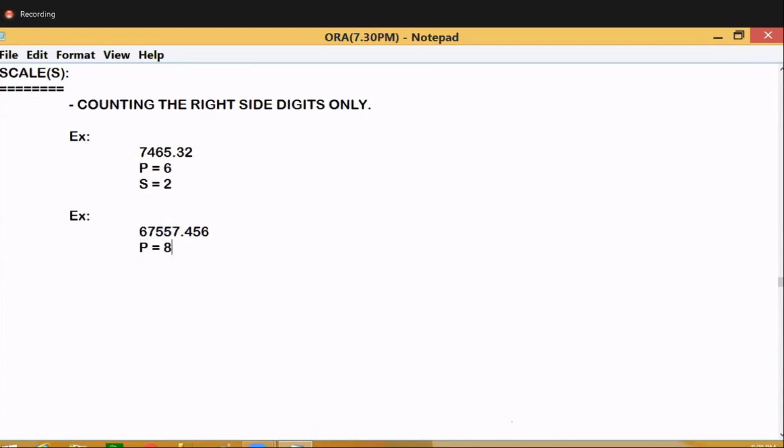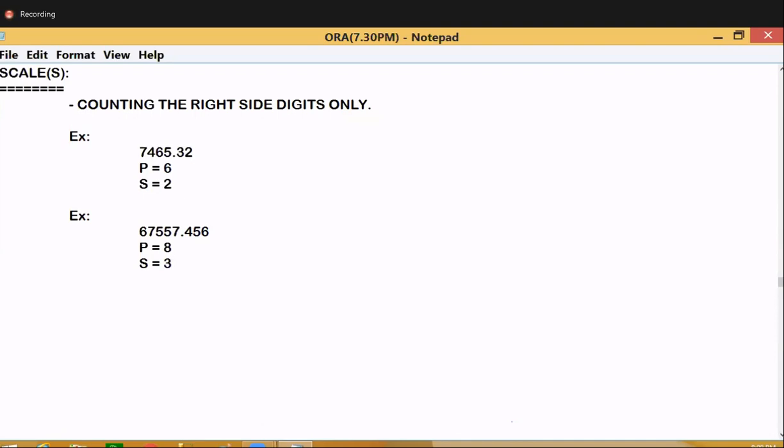So precision is 8. Can you tell me my scale? Yes, scale is 1, 2, 3, the right side 3 digits. So scale is 3. In such a case, you have to identify your precision and scale. So P stands for precision and S stands for scale.